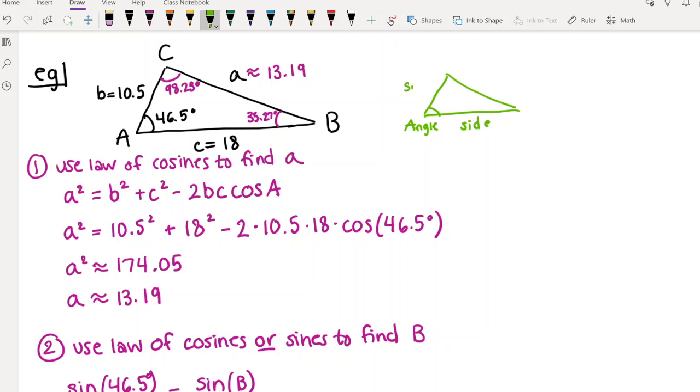I meant to say SAS. Like I said, I'm tired, but I'll do my best. So if you have a side, angle, and another side, then the angle that you're given is going to be the angle that you're going to be taking cosine of. So you can use that to tell you which version of the law of cosines you want to use. But again, if you just go through what you have enough information to find, you'll see that that's really the only one that you actually can use.